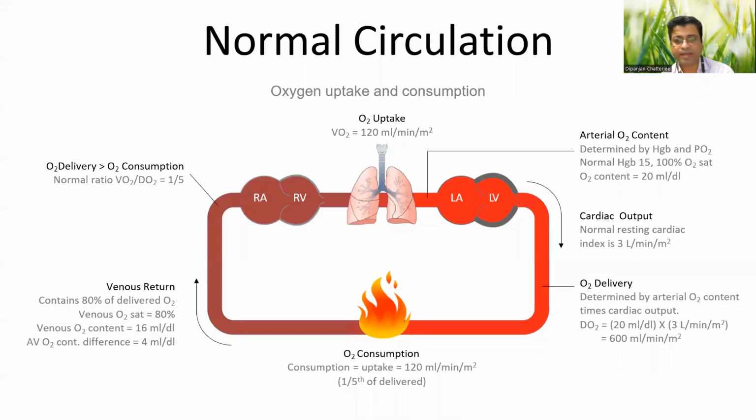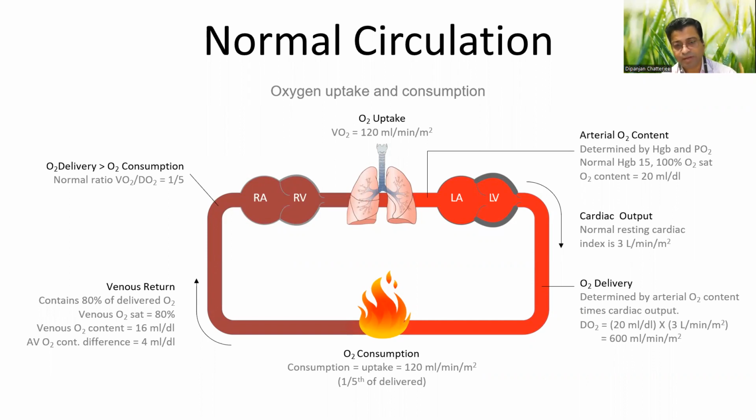So if we take a healthy person with a hemoglobin of 15, the oxygen content of the arterial blood, which is coming out from the left ventricle, is approximately 20 ml per deciliter. Now, if we multiply that with our normal cardiac index of 3 liters per minute per meter square, the oxygen delivery comes to around 600 ml per minute per meter square.